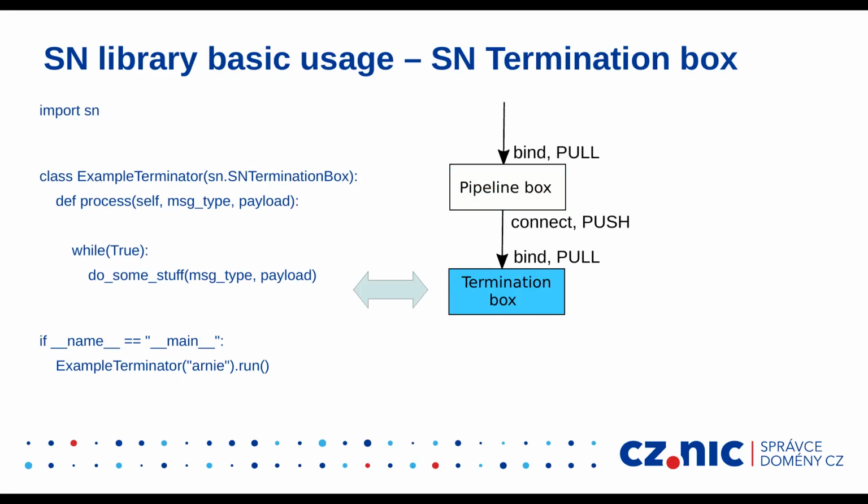The third and last predefined box is the Sentinel Network Termination box. As the name suggests, it is used at the very end of our pipelines. There could be a database storage attached to it, or it could, again, translate 0MQ to a different protocol. By default, we have to supply only a resource for its ingress socket.